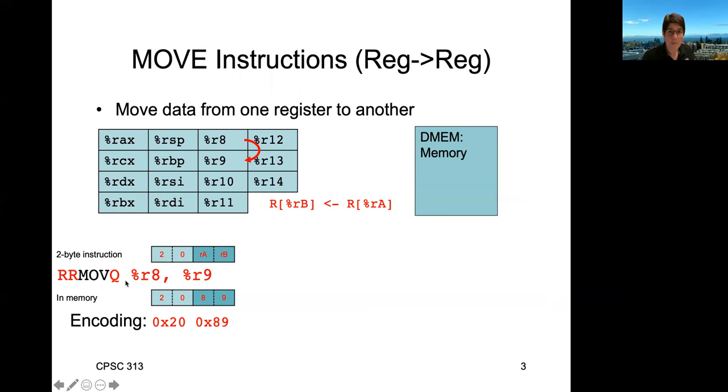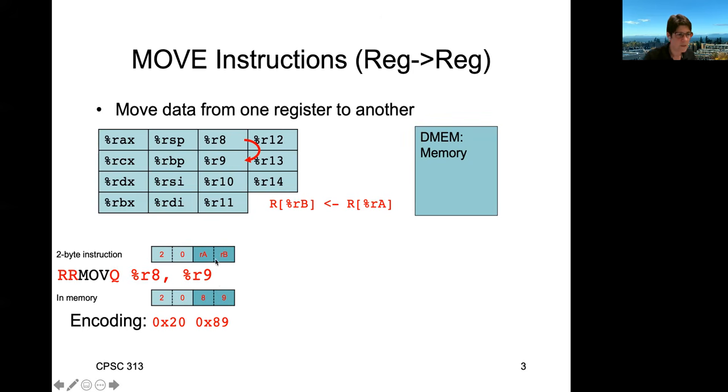The instruction that moves data between two registers is called register to register move Q, or RRMOVQ. Its opcode is a 2. For now, we're always going to have 0 for the function, but you'll actually see later that we have some flexibility there. So stay tuned for that. And then we're going to specify two registers. In this example, I'm specifying register 8 and register 9.